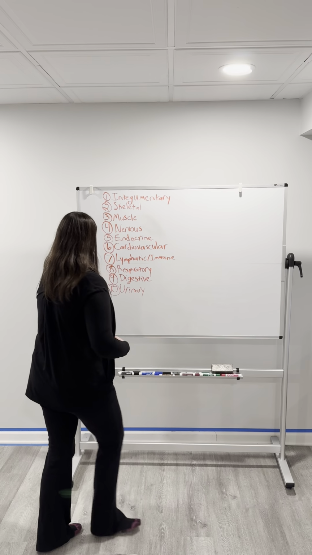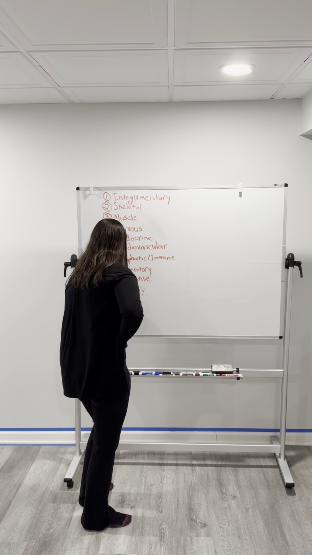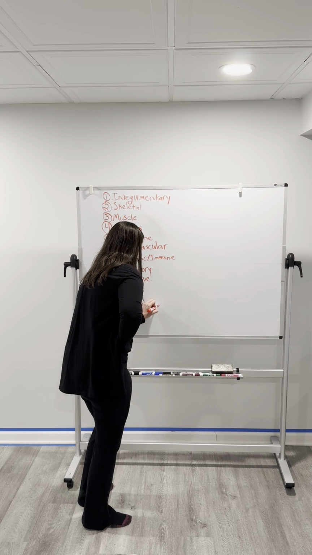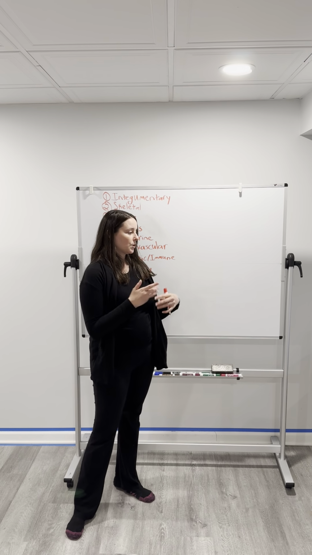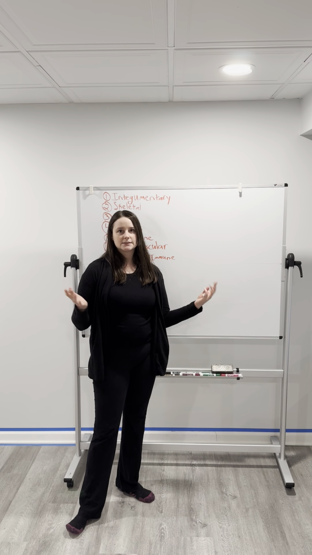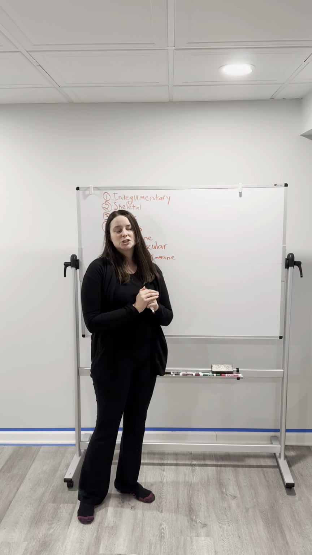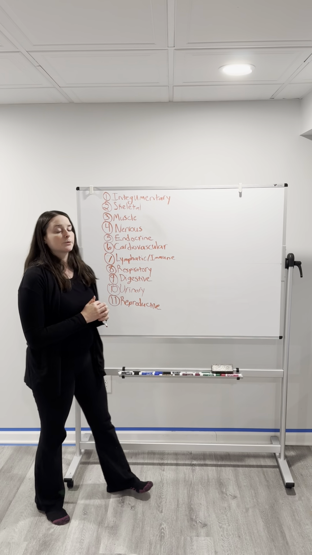And then finally, we have the reproductive system. This includes the gonads, so testes or ovaries, and lots of different accessory organs. The function of the reproductive system is to produce gametes.